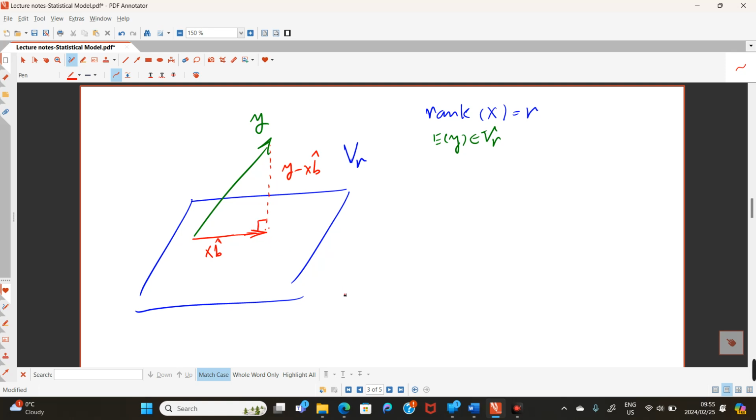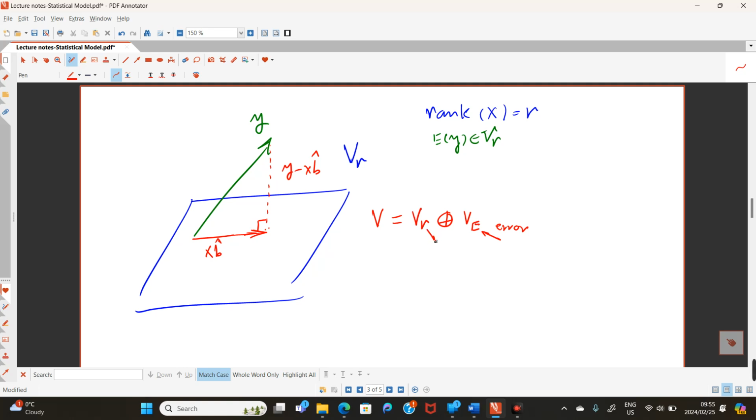It's orthogonal to that. And if you have two spaces, suppose that you have V constructed by VR plus VE, the error space. Sometimes I write the capital E, sometimes I write small e, but this is actually the error space.